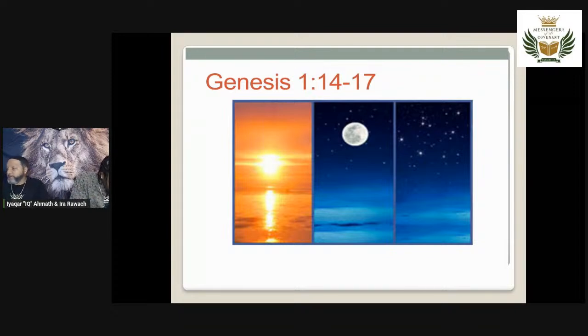Psalms 104 and 19. One more precept for that. The book of Psalms, chapter 104, verse 19. He appointed the moon for seasons. The sun knoweth his going down. Right.